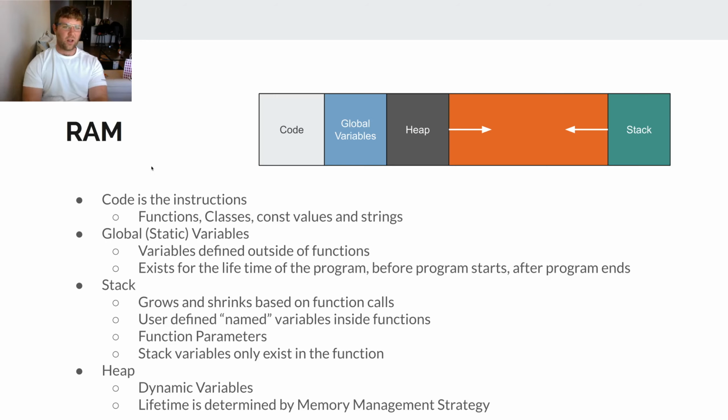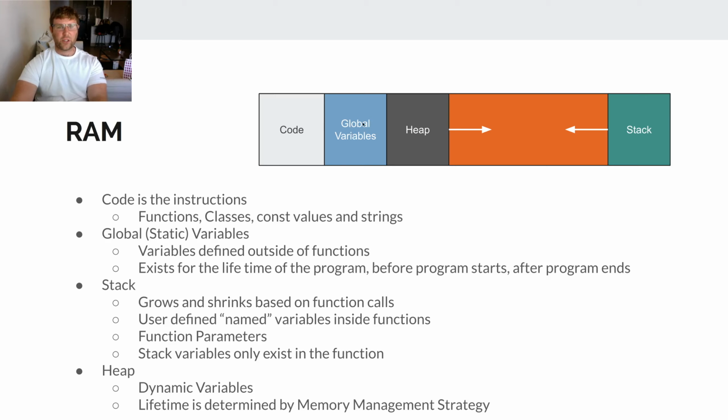So code is all of the instructions and any unchanging value. So it's the instructions like our functions on our classes, but also if we just have the number 4 in our program, or if we just have some string called mat, then that's going to be stored in our code and data section. These things never change.